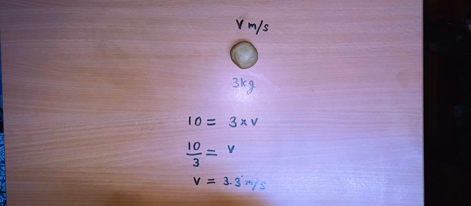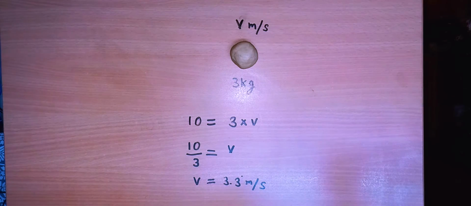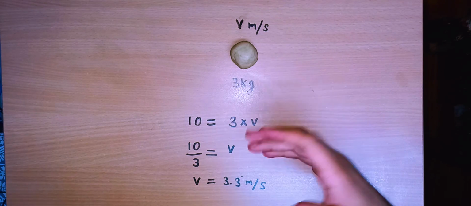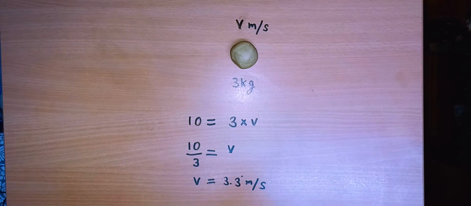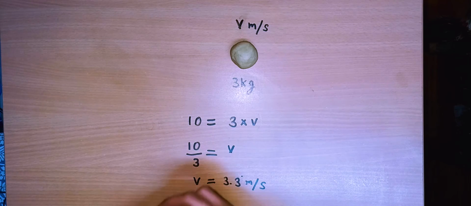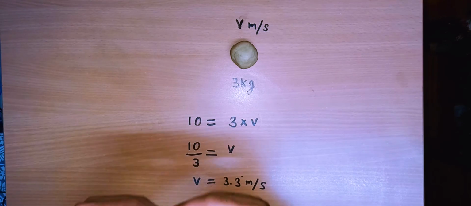So that is the answer, and this is the actual use of the law of conservation of momentum. I can use it to figure out the velocity of an object after a collision. It doesn't matter if the collision involves two objects getting stuck together, maybe like two cars getting stuck together in an accident, or even if the collision is an elastic collision, in which the two objects bounce apart.